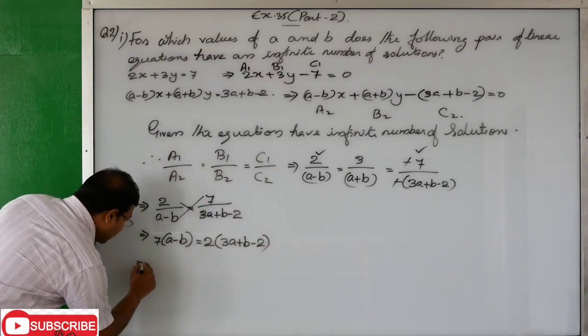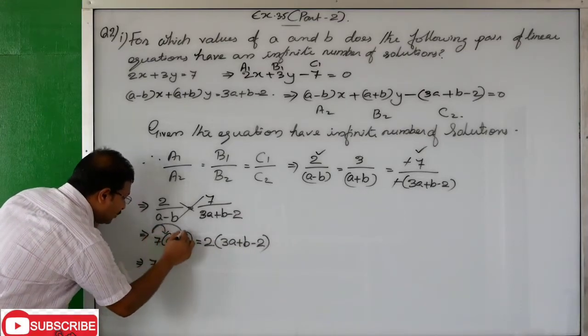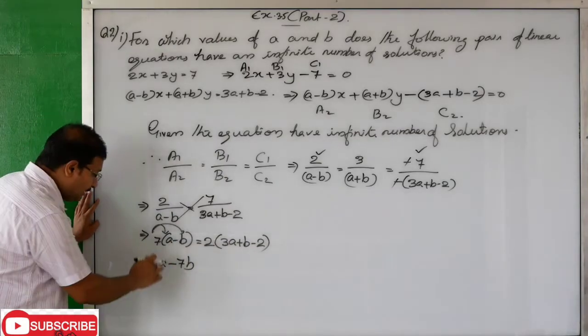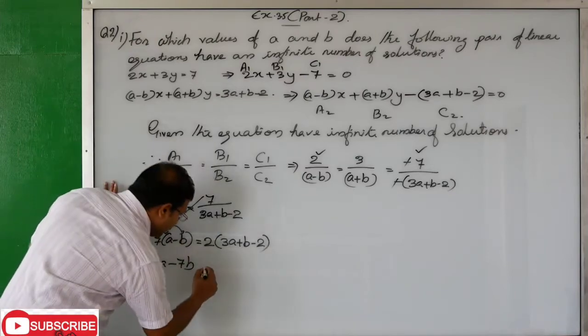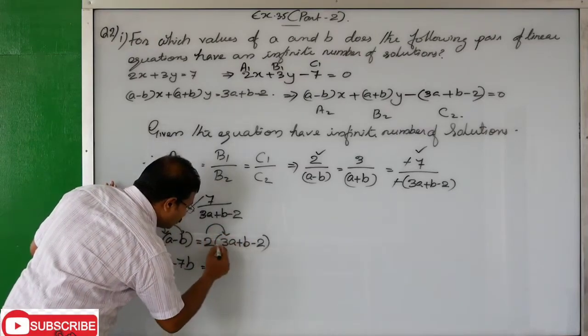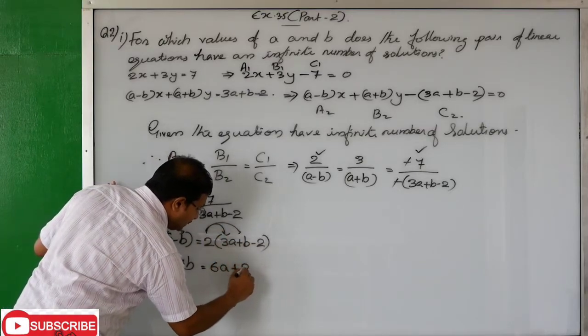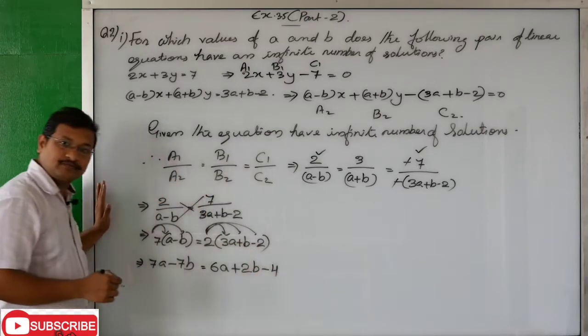Ready? This implies 7 into a, 7a, minus 7 into b, 7b. Opening the bracket with 7. Ready? 7 into a, 7a, 7 into minus b, minus 7b equals 2 into 3a, 2 3s are 6, 6a plus 2 into b, that is 2b, minus 2 into 2, 4. Ready?